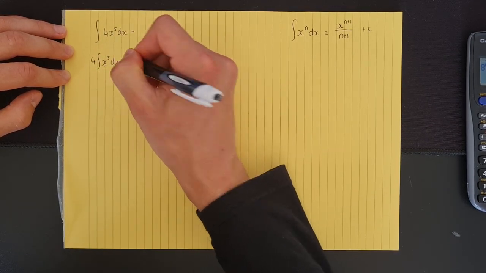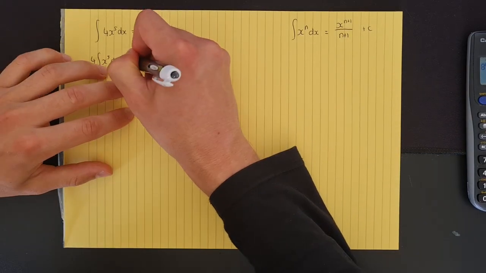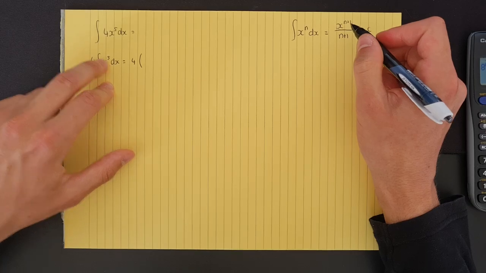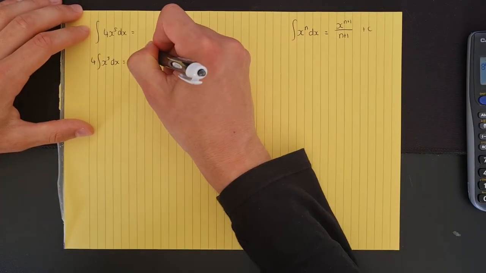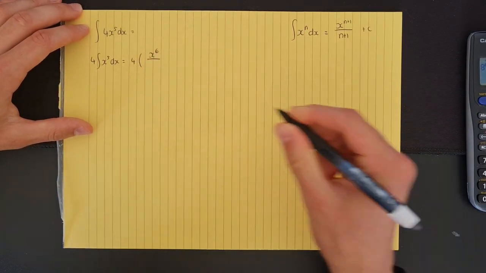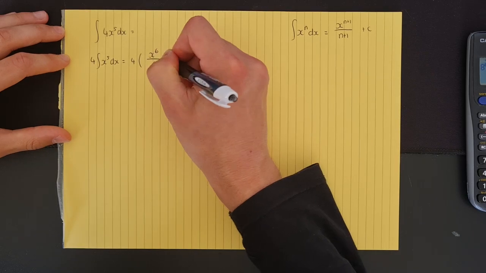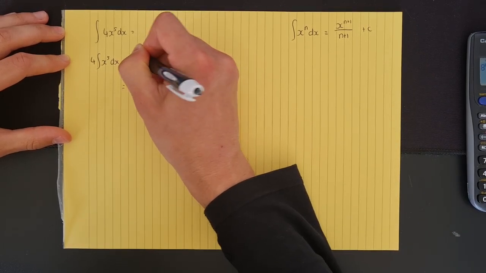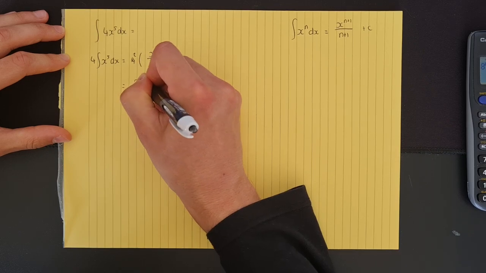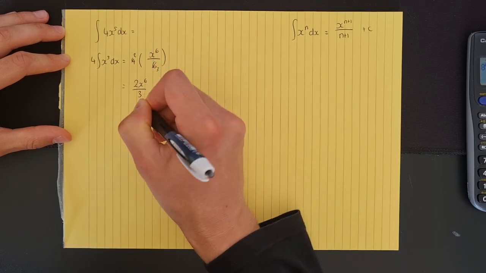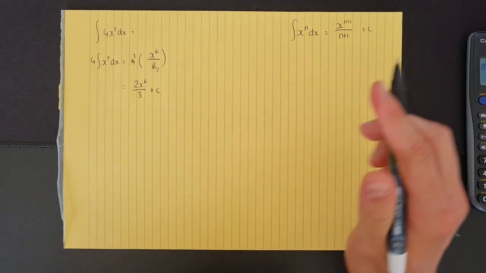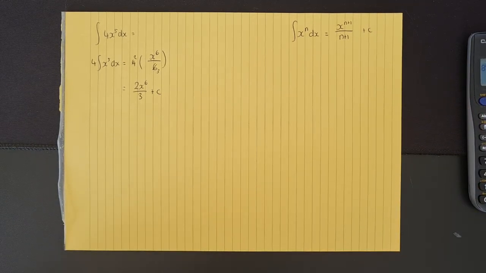That is going to equal 4 times x to the power of 5, and we add 1 to that 5, so it's x to the power of 6, and then n plus 1, so it's over 6. Then 3 times 2, 2 times 2, so it's going to be 2x to the power of 6 over 3 plus c. Always remember that plus c.